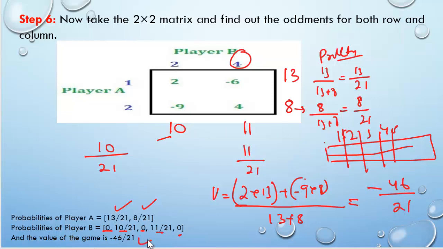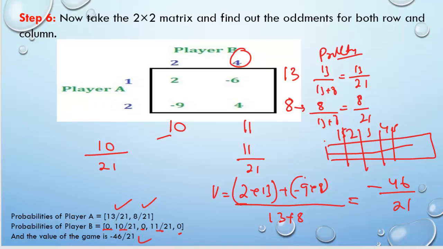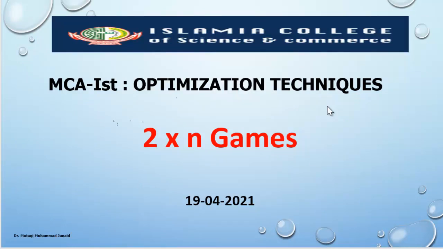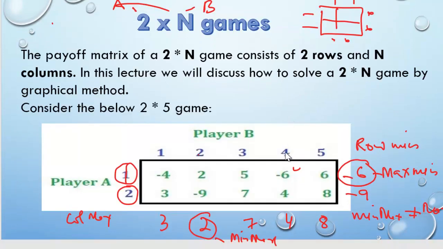So that is all for today, and this is how we solve our problem of 2 into n matrix by the graphical method. How do we do it? We first see the saddle point. If the saddle point is not there, it's a mixed strategy, so we apply the graphical method.